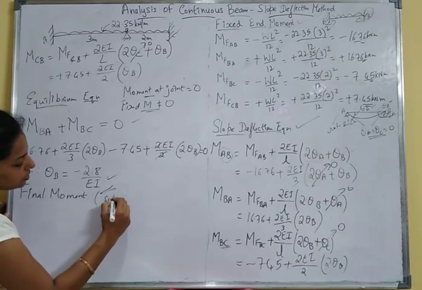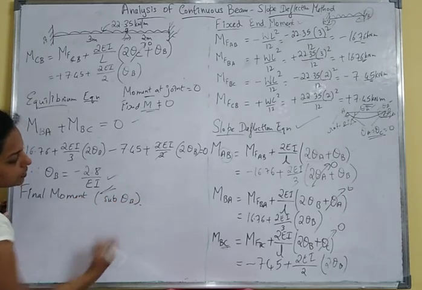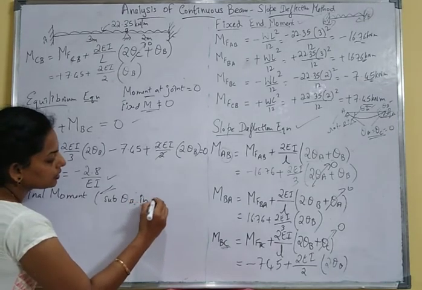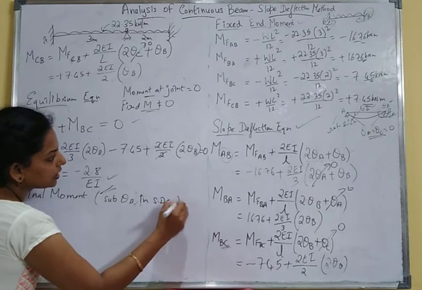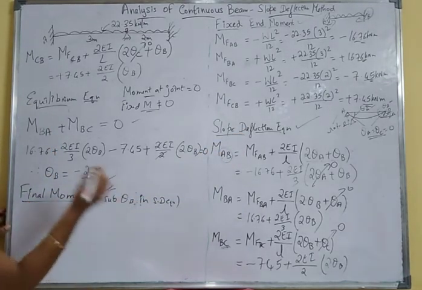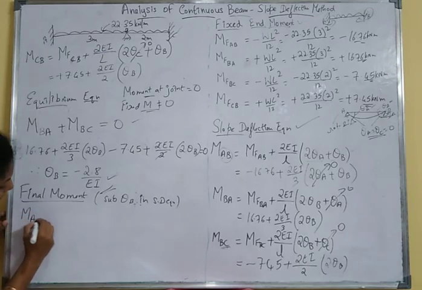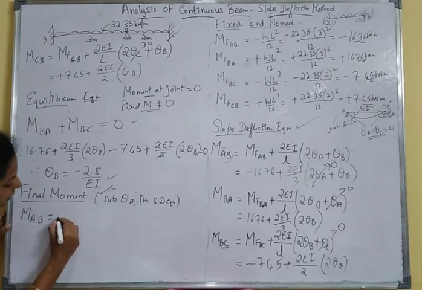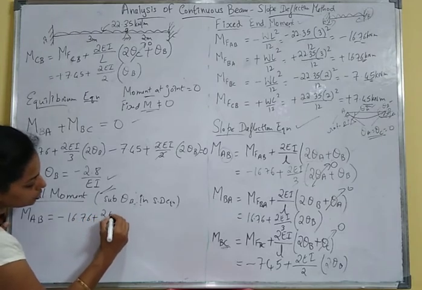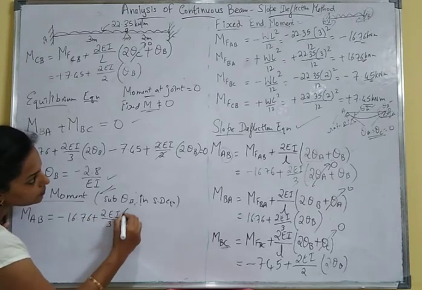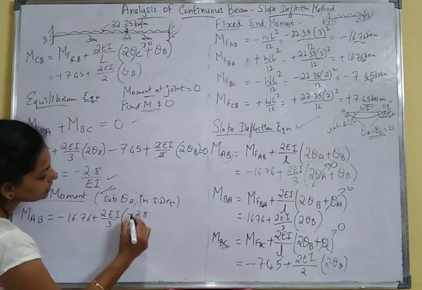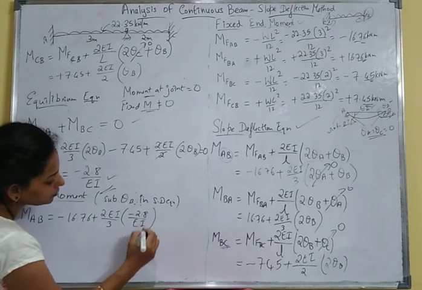For that, substitute theta B in the SD equation. SD is the slope deflection equation. So the first moment, MAB, is minus 16.76 plus 2EI by 3 theta B. Theta B is minus 2.8 divided by EI.